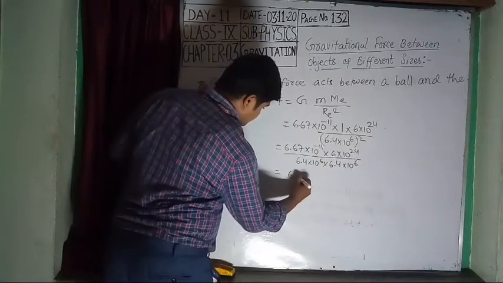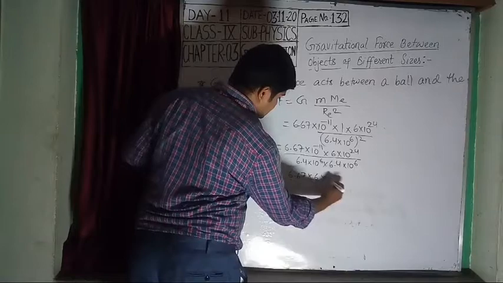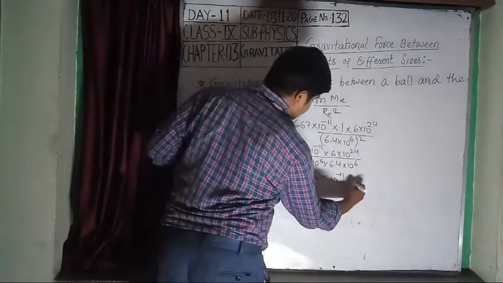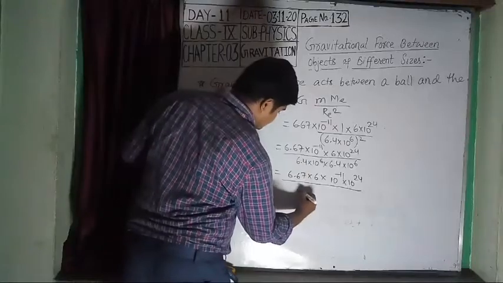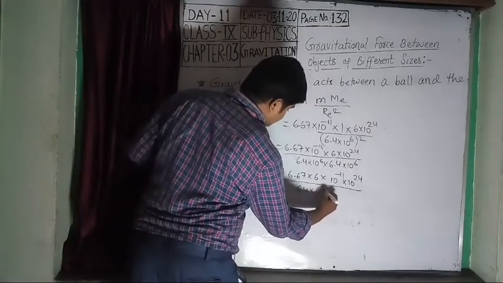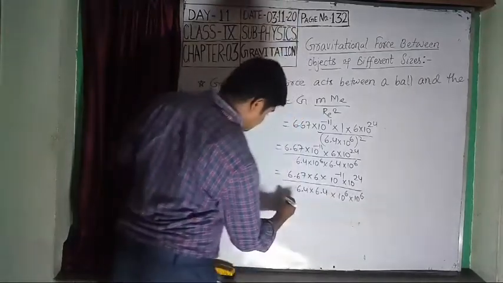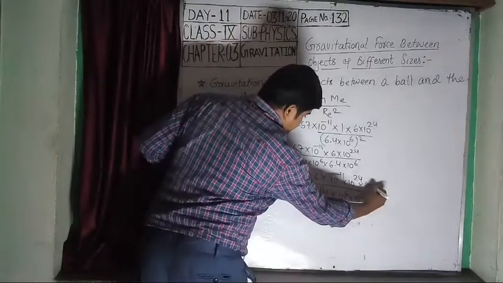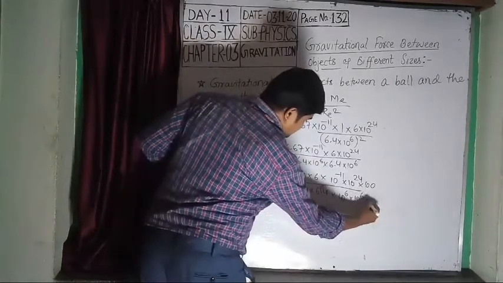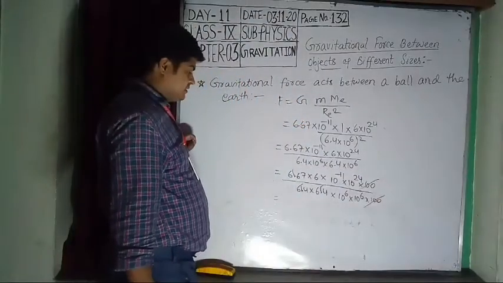Now separate the terms without power: 6.67 into 6 into 10 to the power minus 11 into 10 to the power 24, by 6.4 into 6.4 into 10 to the power 6 into 10 to the power 6. Now remove the decimal, put here 20, that means 100 cancels out.